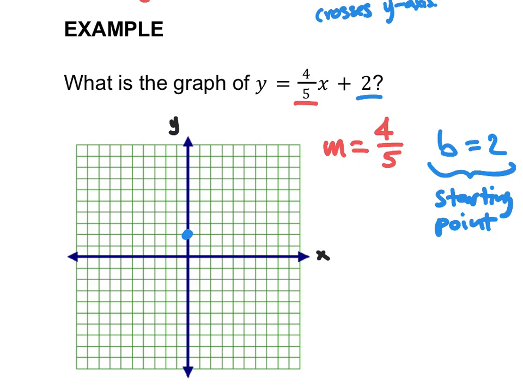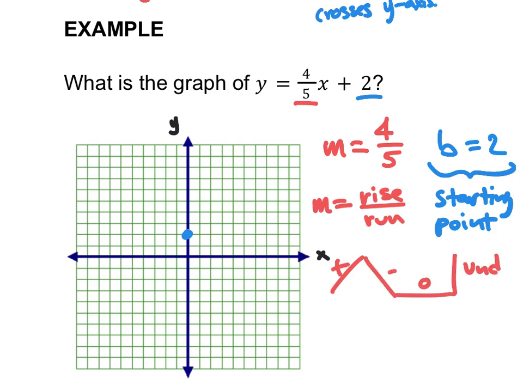Now remember that slope was equal to rise over run. Remember you had 4 kinds of slope: positive slope, negative slope, zero slope, undefined slope. And so because this number is a positive number, it's going to go up to the right. Now my rise is 4. So what I'm going to do is I'm going to count up 4 units. So 1, 2, 3, 4.